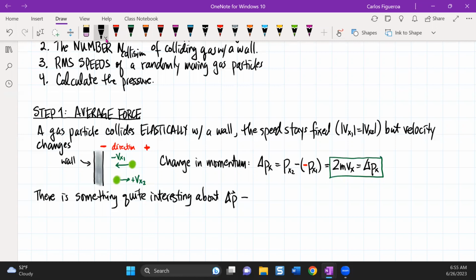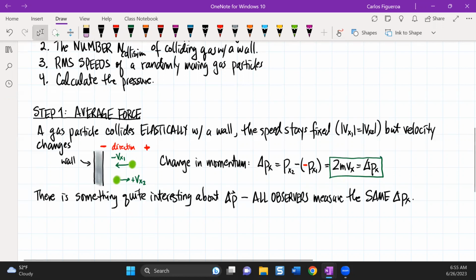What happens here is that all observers measure the same delta px.